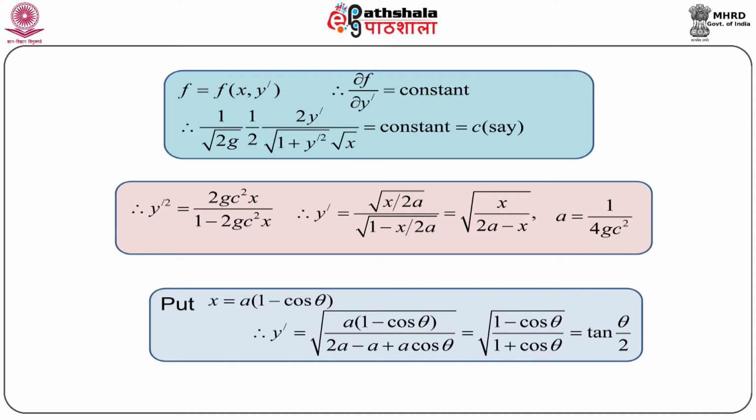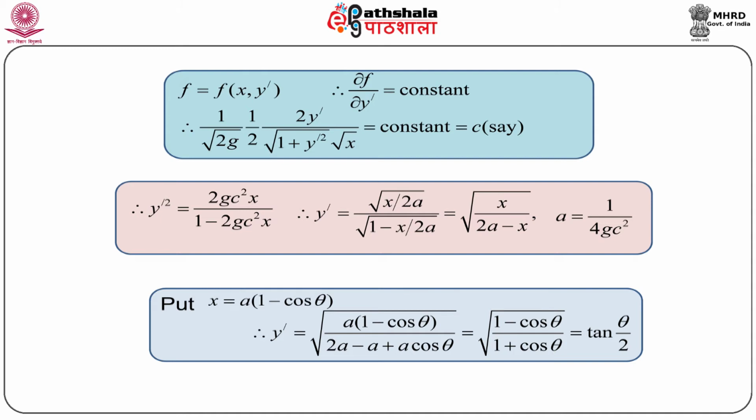If we put again small a equal to 1 divided by 4g c square, which is again a constant, then we can put the result in this form. On simplification, this becomes this. Next, we substitute x equal to a into 1 minus cos theta, a is a constant, in the above expression.